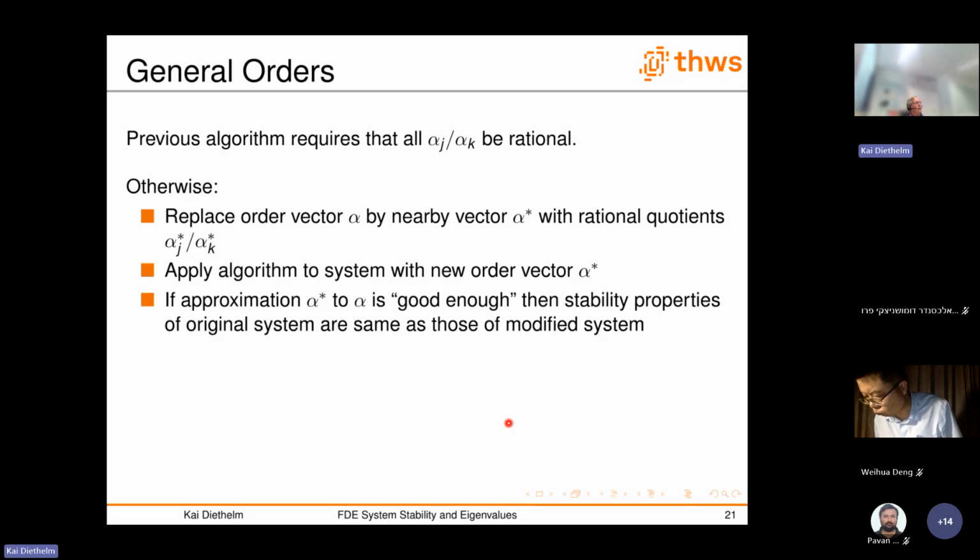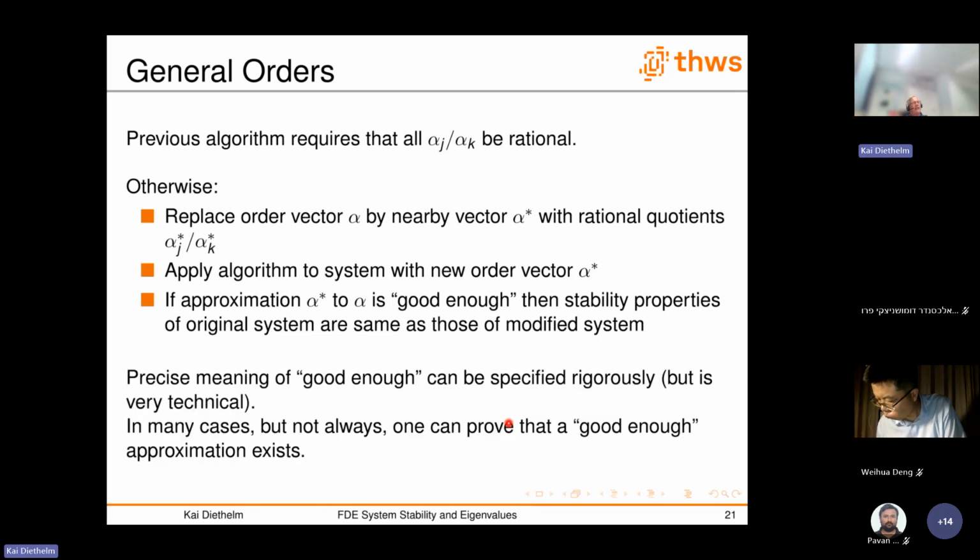And you can prove, although it's a bit tricky to explicitly formulate the conditions, that if the approximation alpha star for the given vector alpha is good enough, and it's very hard to precisely characterize what good enough means, then the stability properties of the original system are the same as those of the modified system.